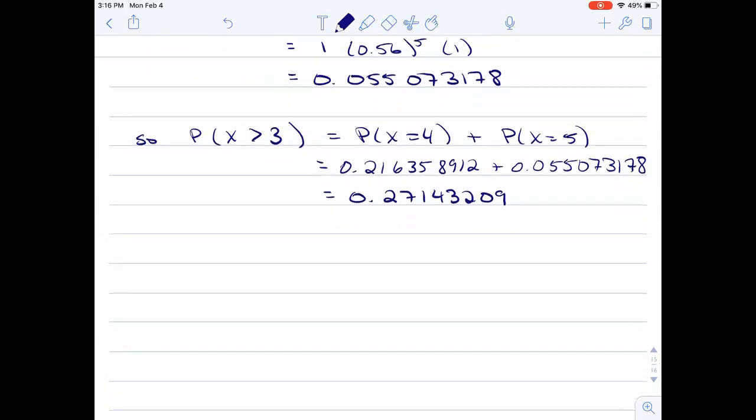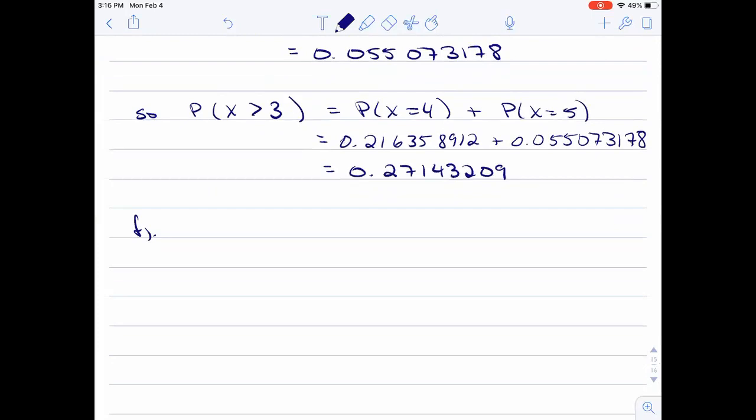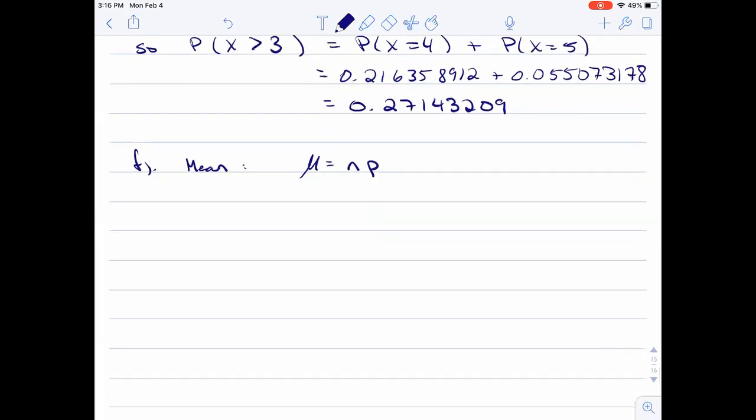How about F? What is the mean and standard deviation of the distribution? So the mean, mu, is n times p, which in this case, N, we had 5 trials, times P, which is 0.56.